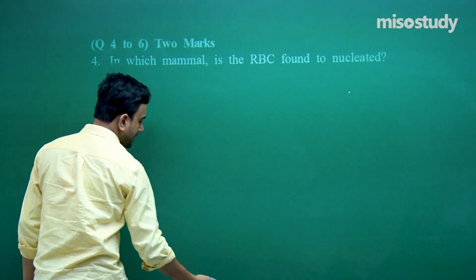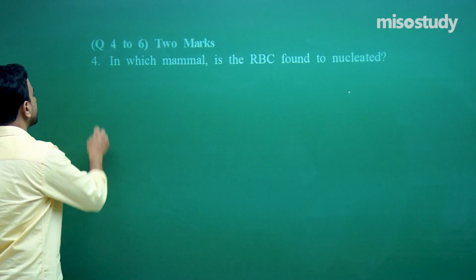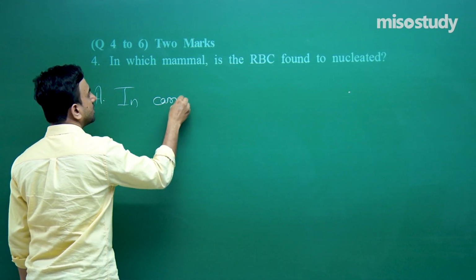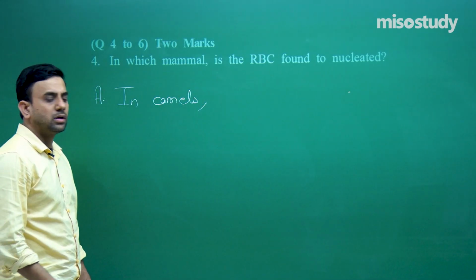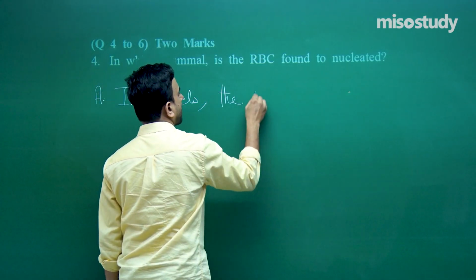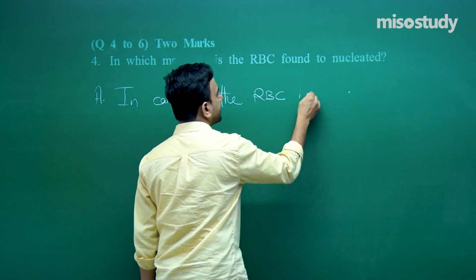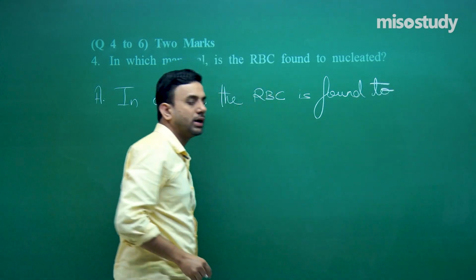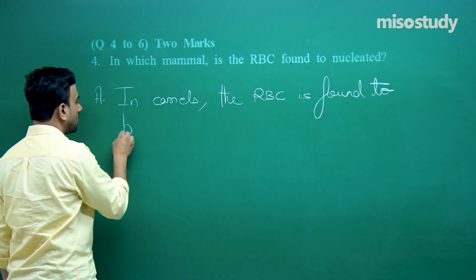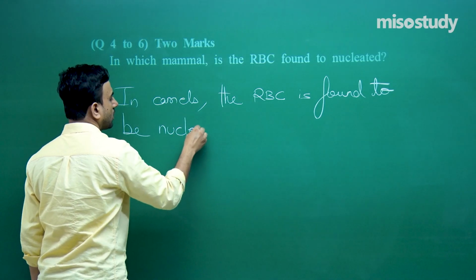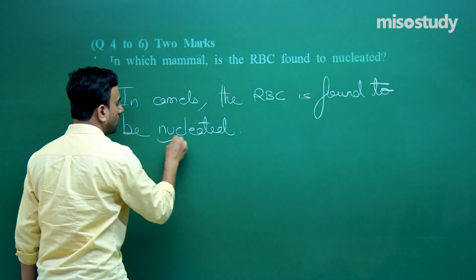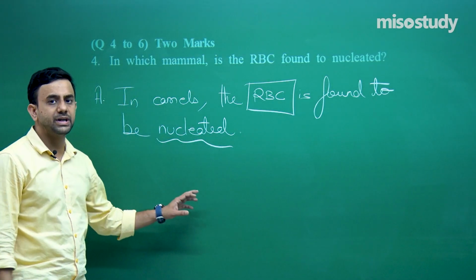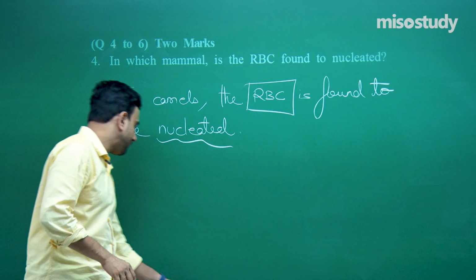For this we can write that in camels the RBC is found to be nucleated.